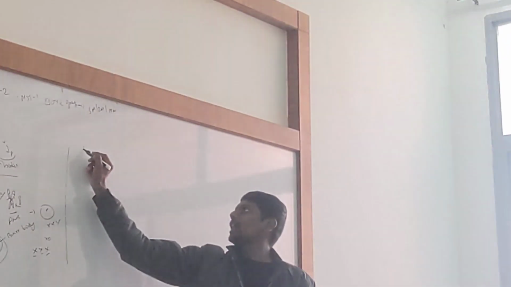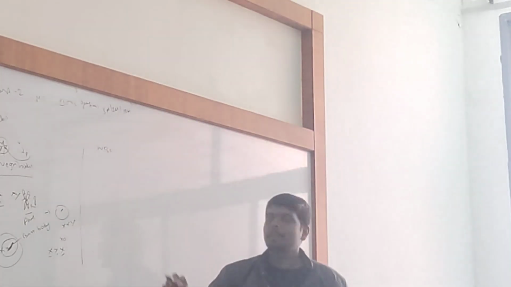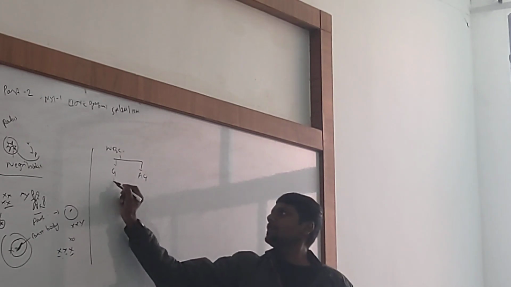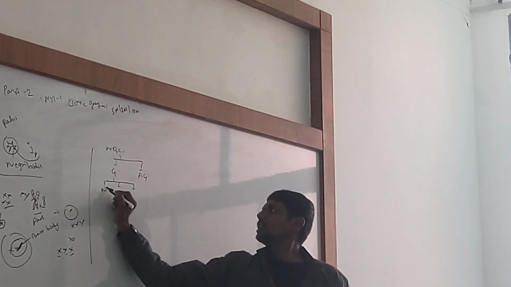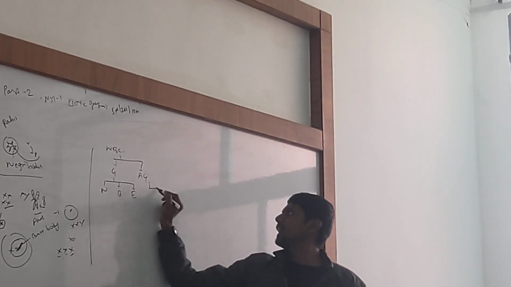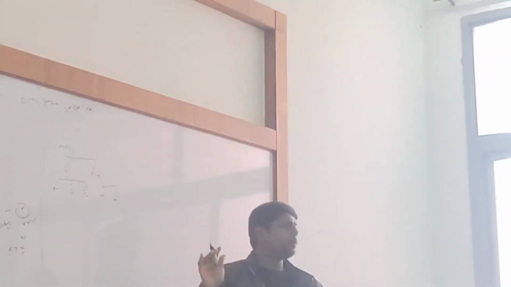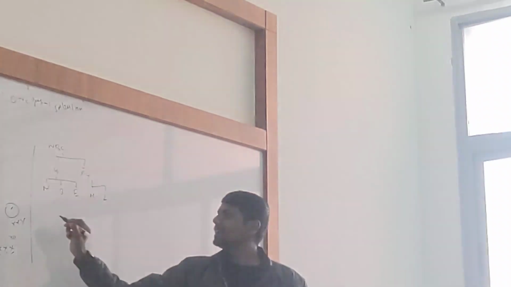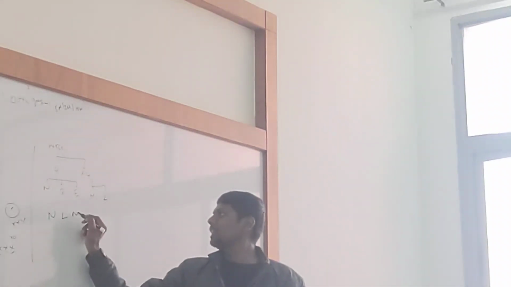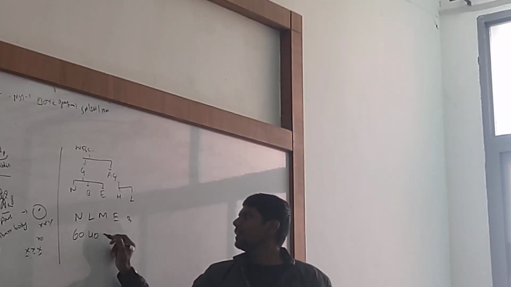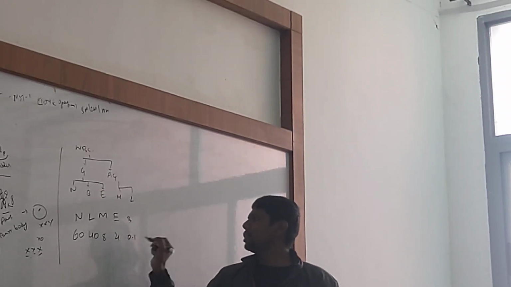Tell me the types of white blood cells. We have granulocytes and agranulocytes. Tell me the types of granulocytes. Neutrophils, basophils, eosinophils. Then monocytes and lymphocytes. What are the most prominent cells? Tell me in sequence. Never let monkey eat banana. 60, 40, 8, 4, 0 to 1.